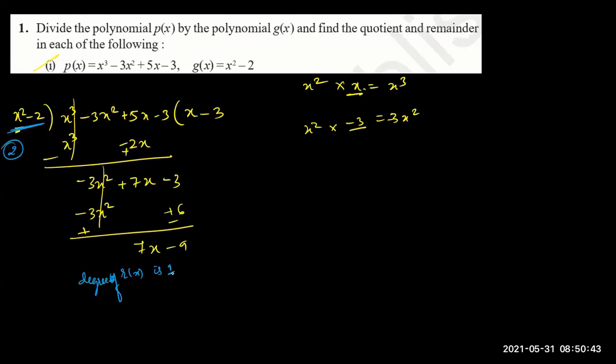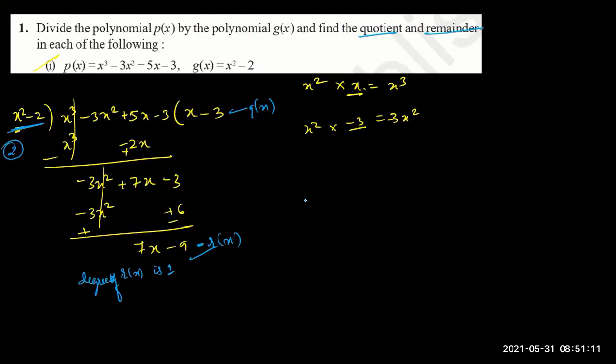So it is smaller than the degree of g of x. Then you can stop the division process here. If it is greater, then we still need to continue the division process. Here this is q of x, the quotient, and this is r of x. They asked us to calculate the quotient and remainder.